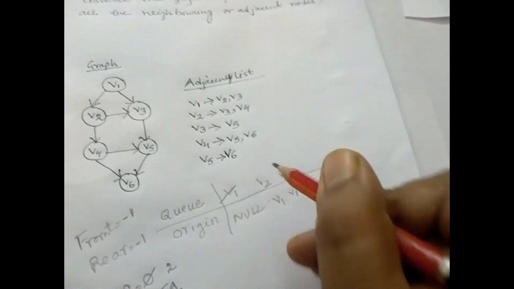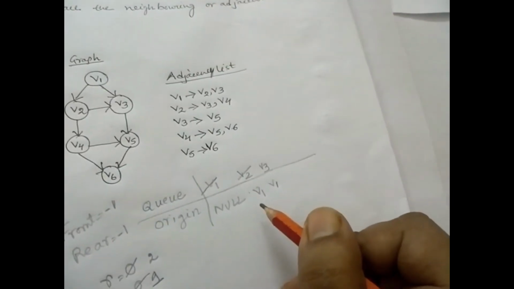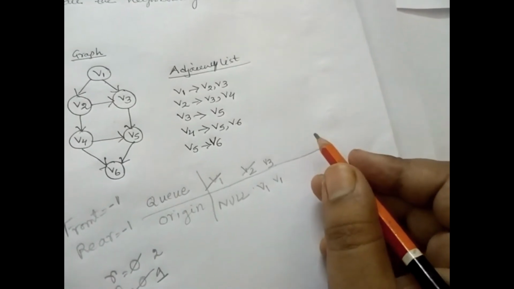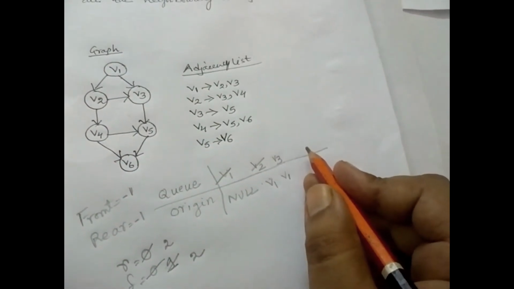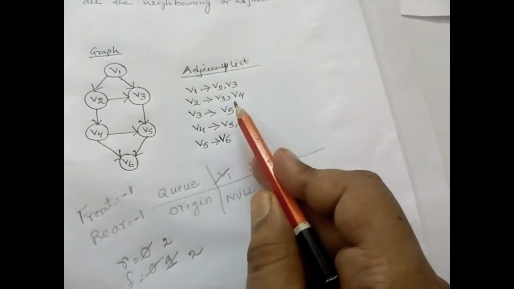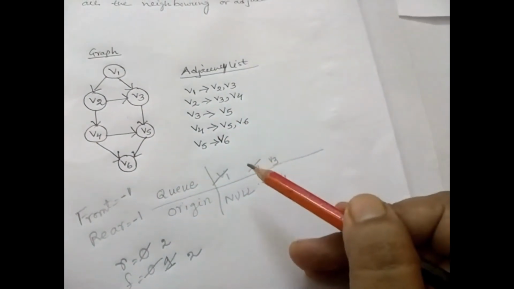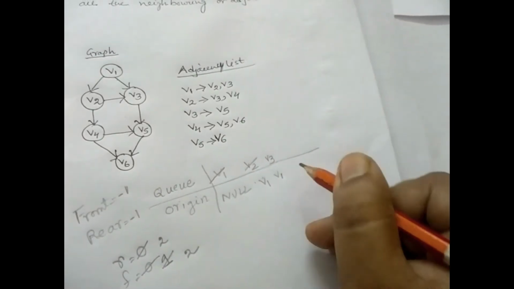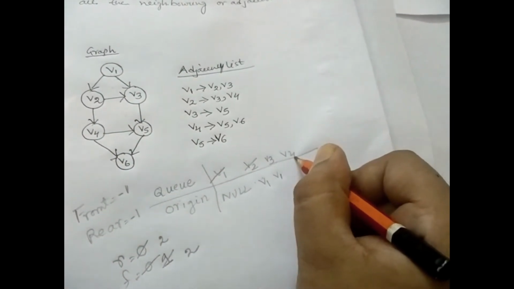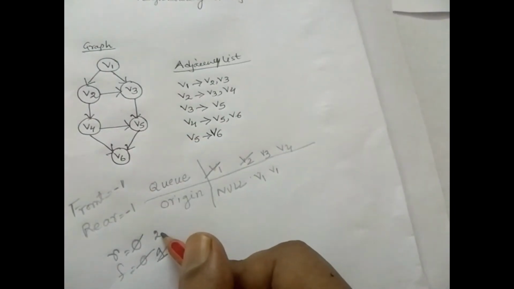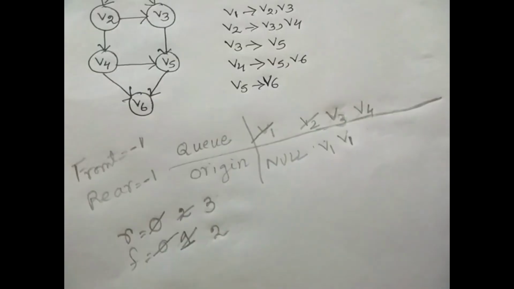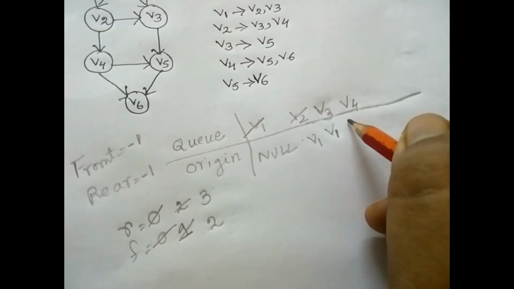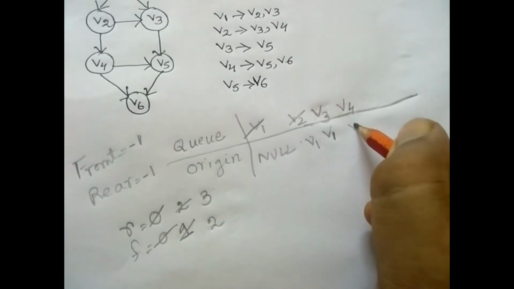Okay, now go to the next step, remove v2 and perform front equal to front plus 1. So F equal to 2, and add v4 to Q, because v2 arrow v3, v4, and v3 is already present in Q, therefore add only v4. Rear equal to rear plus 1, so rear becomes 3. Add v2 as origin of v4.